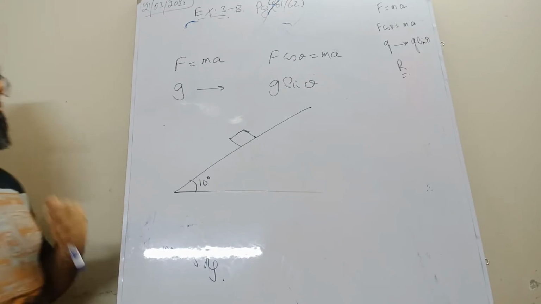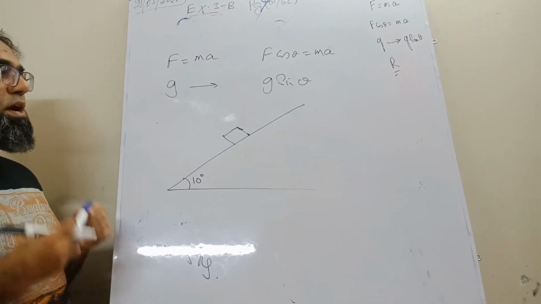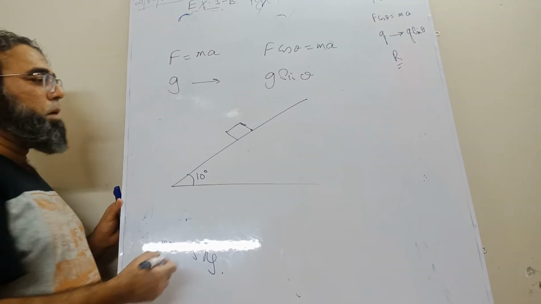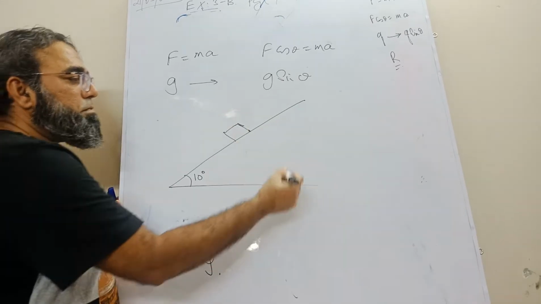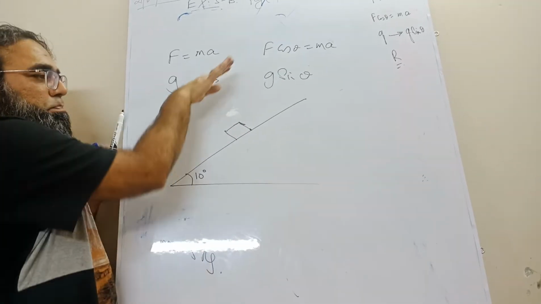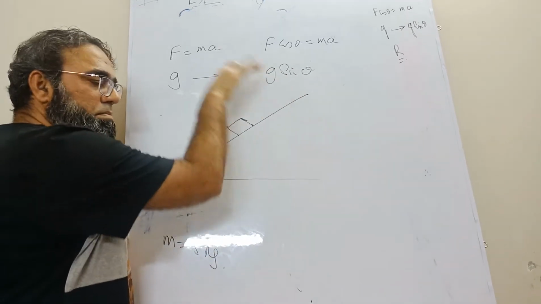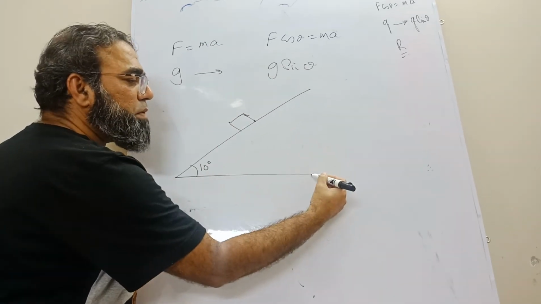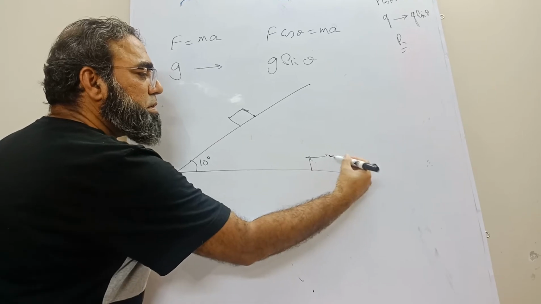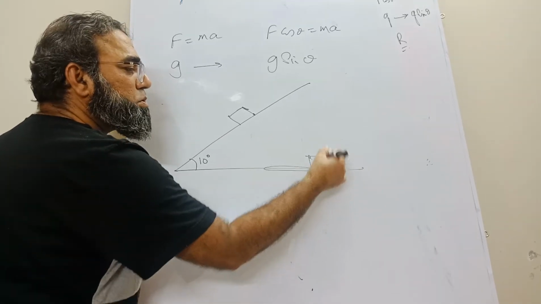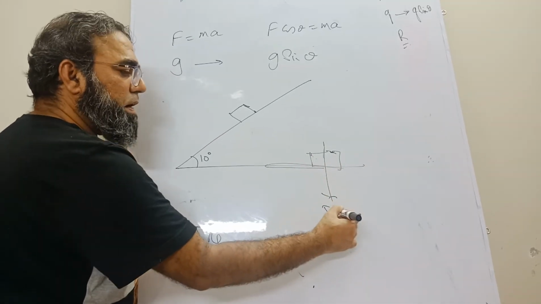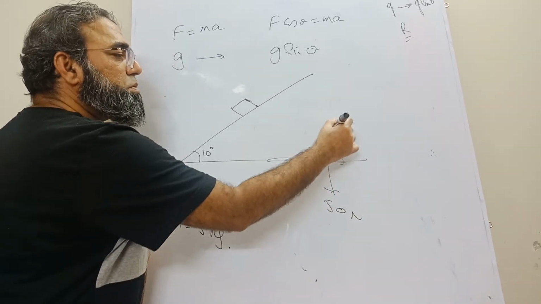We want to know what the normal contact force is right now, okay? Now please remember, if I push it down and this comes over here, this object is on the ground like this. So if this is the weight over here, 50 Newtons, then this is going to be R.